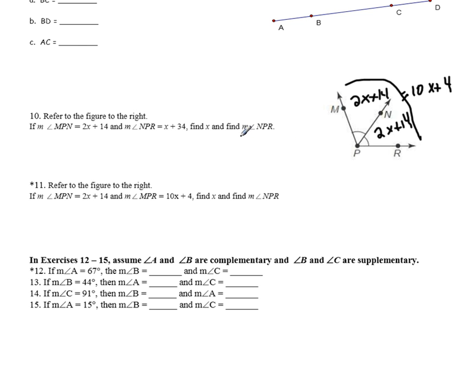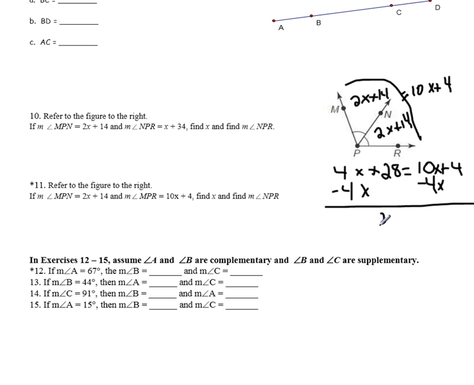So we have 4, let's see, I'm going to put it right down here. 4x plus 28 equals 10x plus 4. So the two x's are there. 14 and 14 is 28. I always move my x's first, and I move them to the side of the larger x.